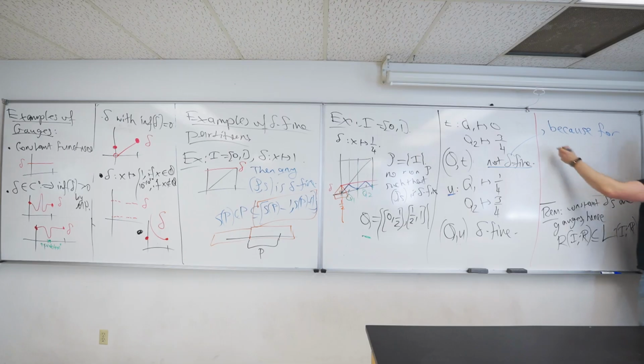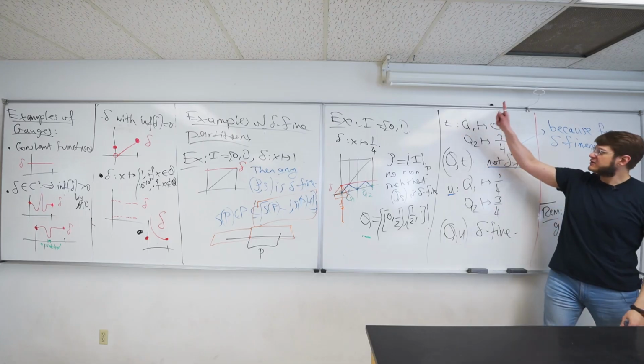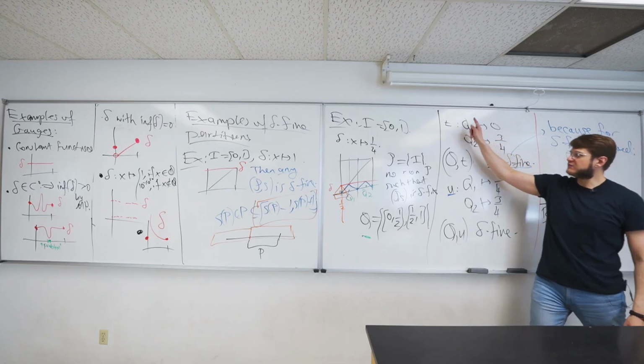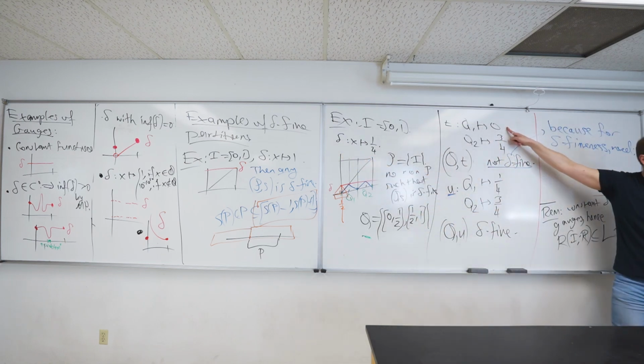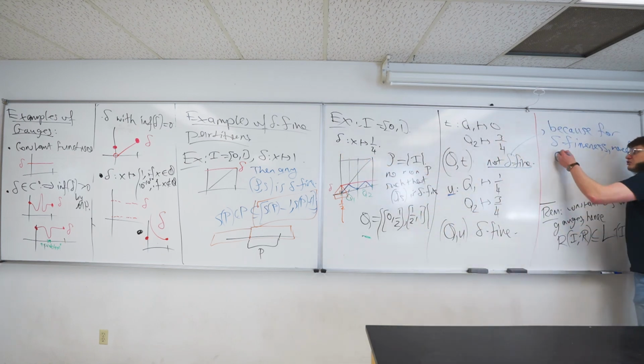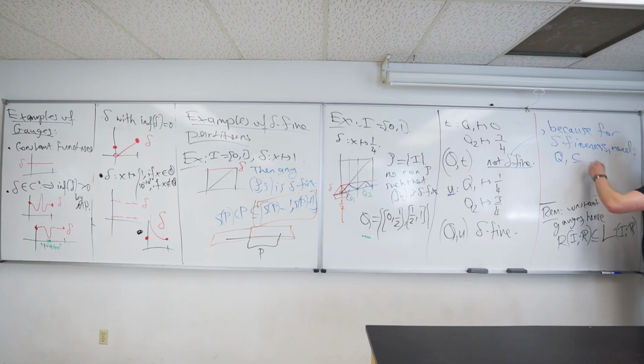For delta-fineness, I need that Q1 is within delta of its sampled point, meaning Q1 is a subset of 0 minus delta, which is 1/4, to 0 plus delta, plus 1/4.